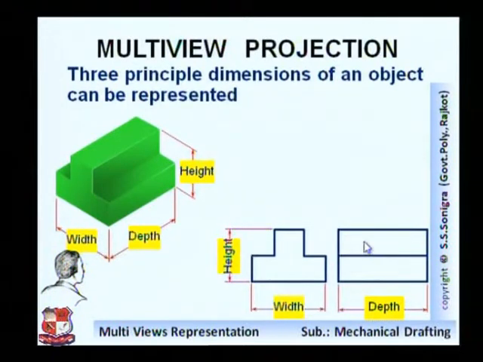So this would be its side view, front view and side view. Here its left hand side view and right hand side view would be symmetrical, so there is no need to represent a third view. With these two views it's enough and the object can be represented.